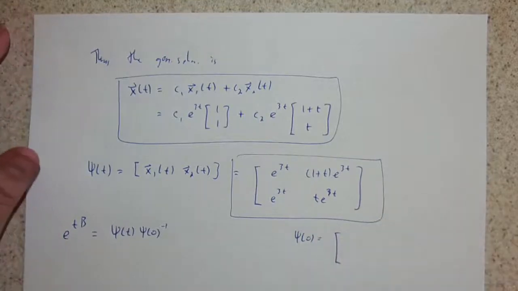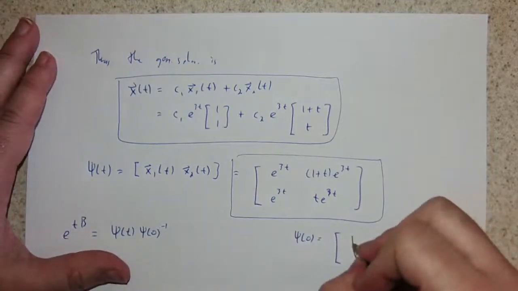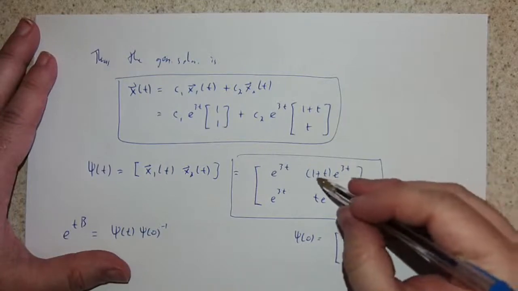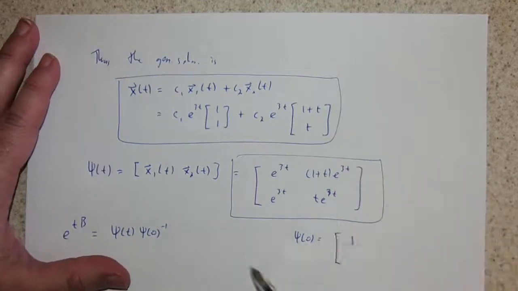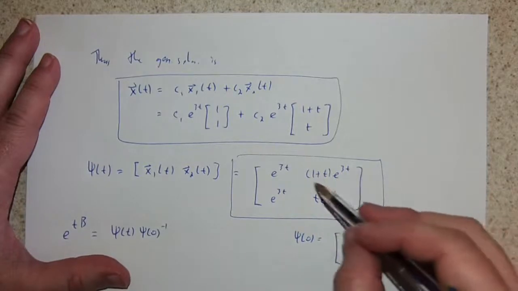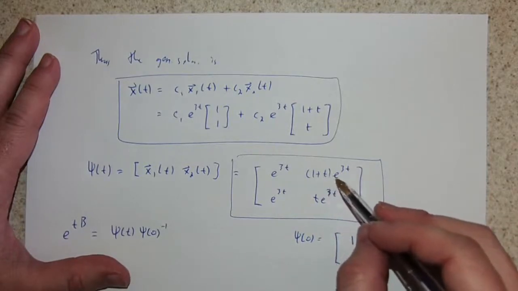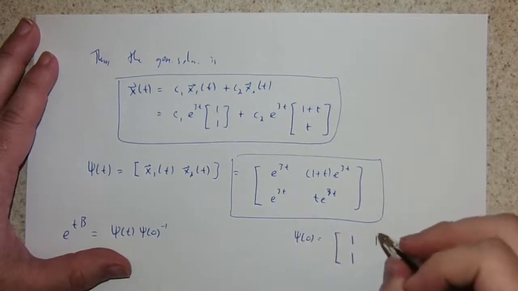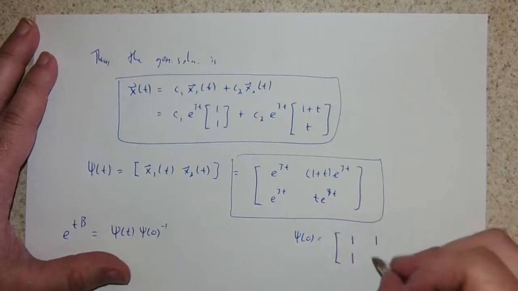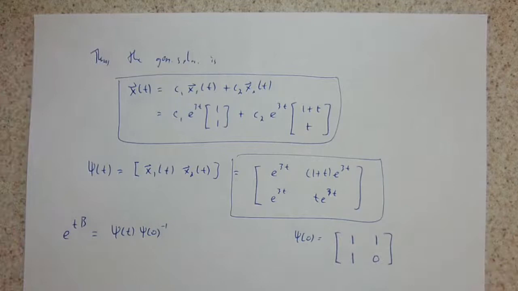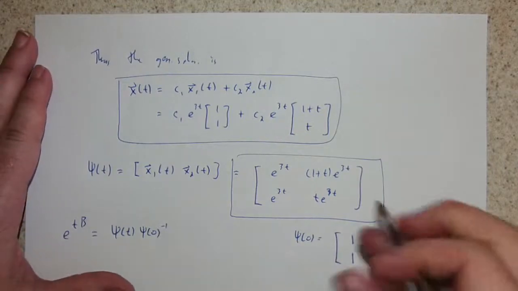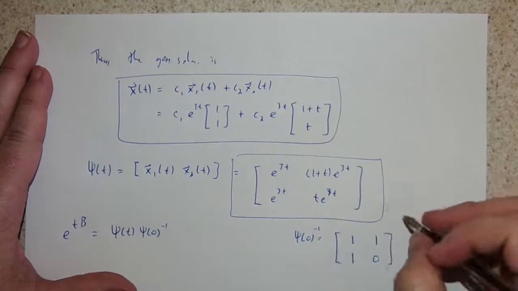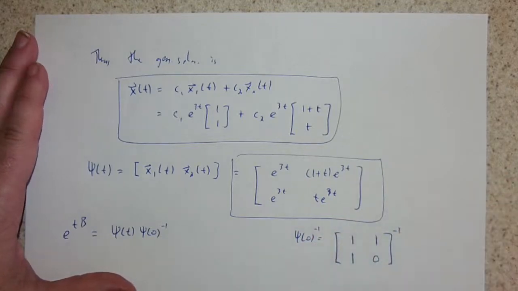This is the matrix with 1, 1 plus 0 times 1, which is 1, then 1 here, and 0 here. Right?